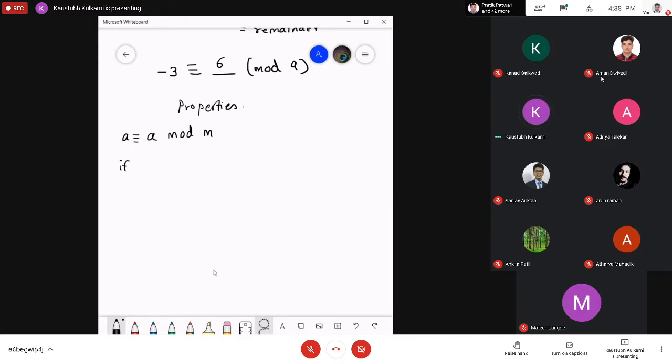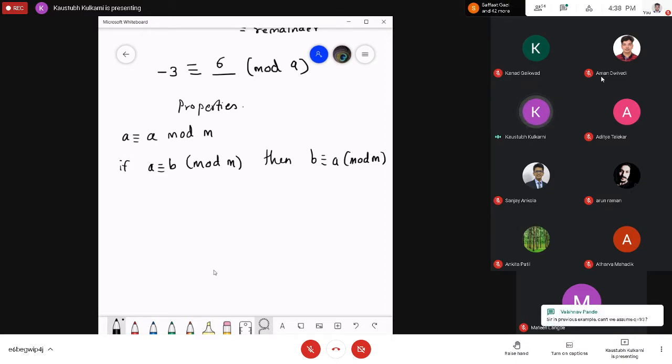Now if A is congruent to B mod M, then B is also congruent to A mod M. Because A minus B is a multiple of M, and B minus A will also be a multiple of M.